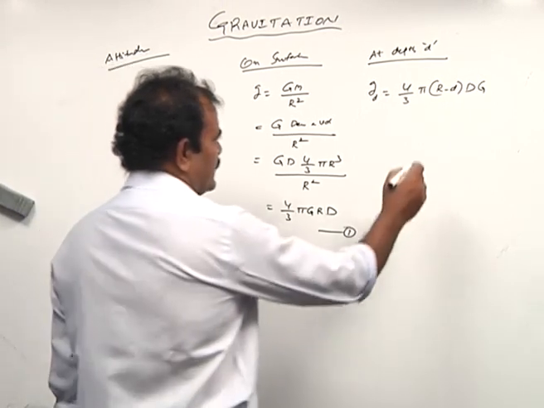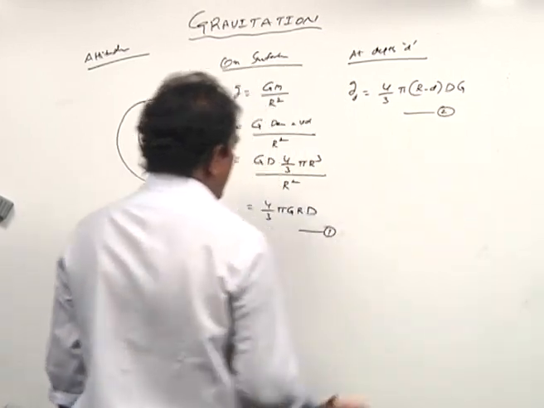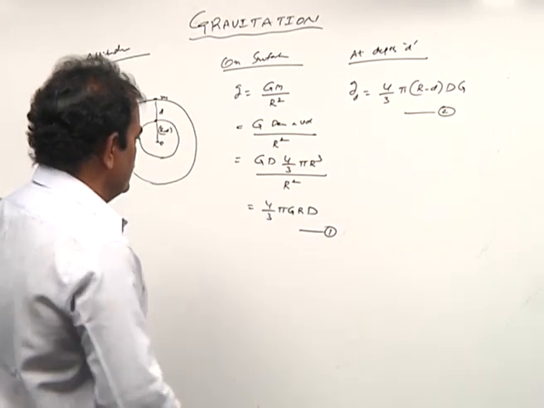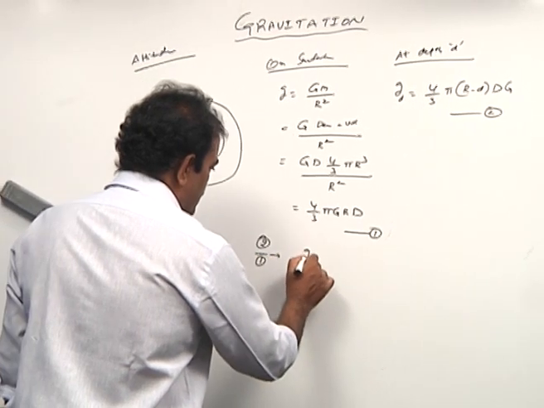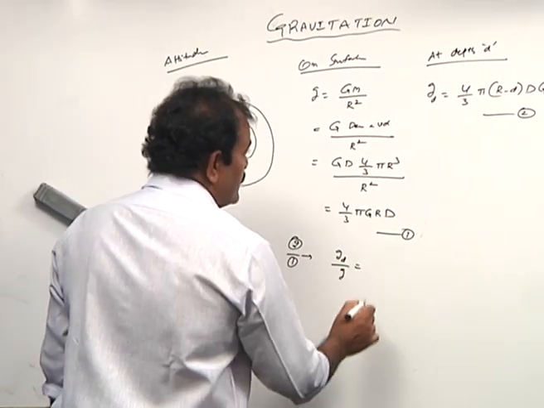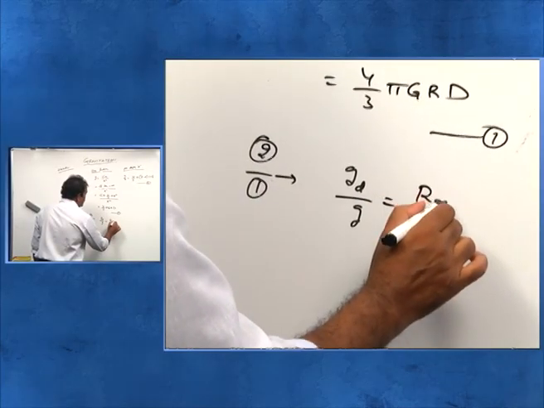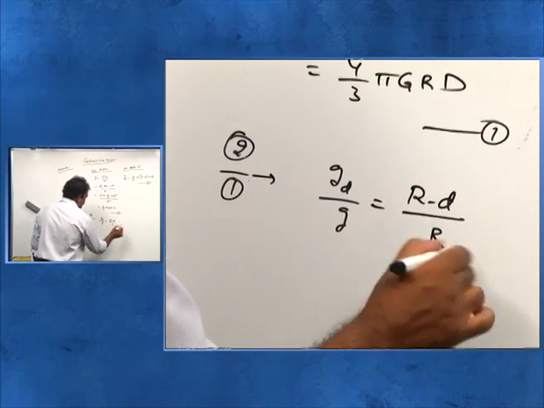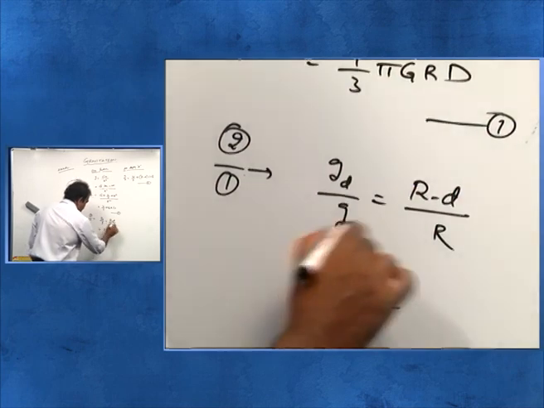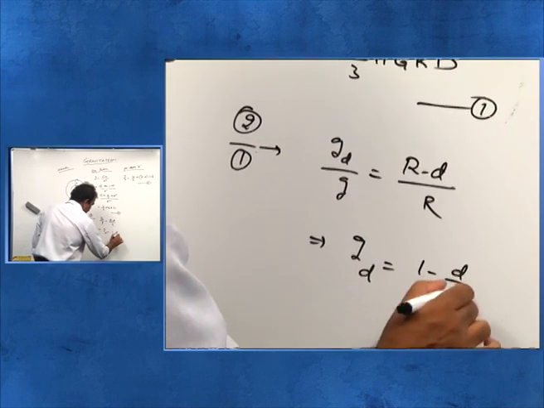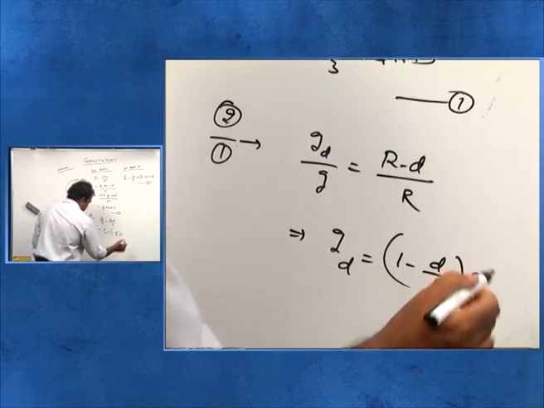Now it is the second equation, and g is there, and again the g d is here, and after that we are taking 2 by 1. In this case, g d by small g is equal to (r minus d) by r, and so g d is equal to (1 minus d by r) of small g.